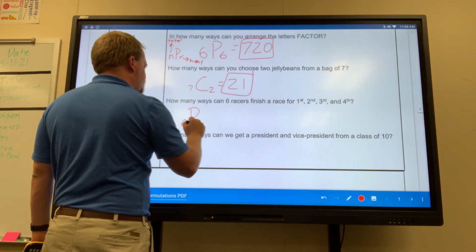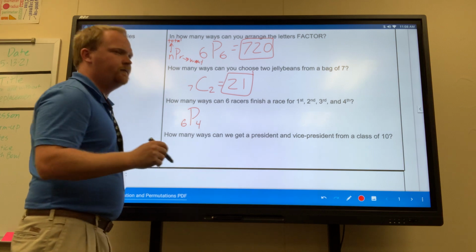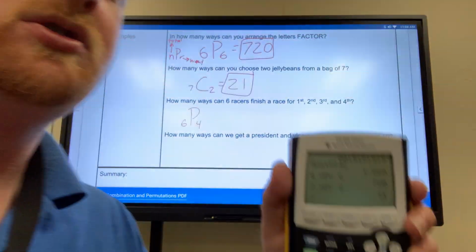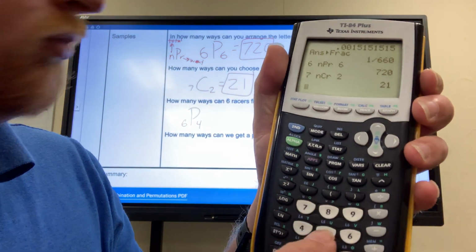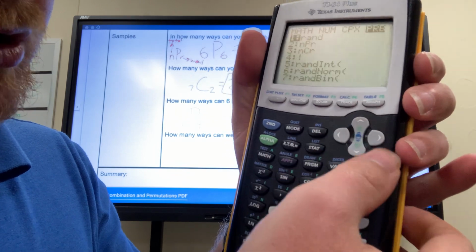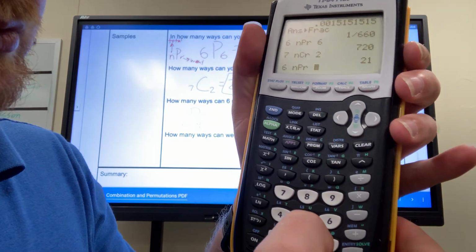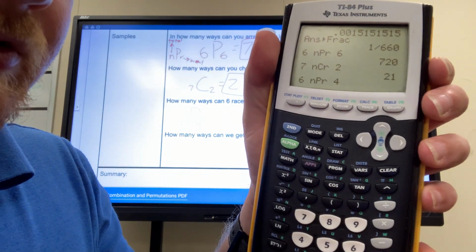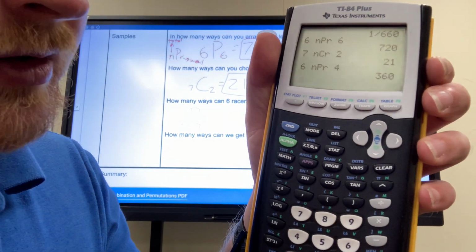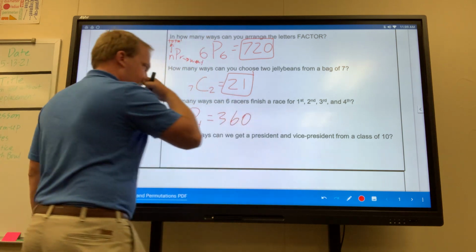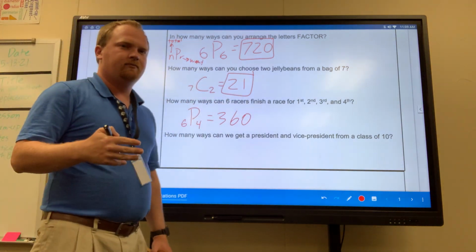There are 6 racers and the top 4 finish. So again, we do 6, go to permutation, number 2, and then we're looking for the top 4 finish. Press enter, and that gives me 360. So there are 360 different ways of getting the top 4.